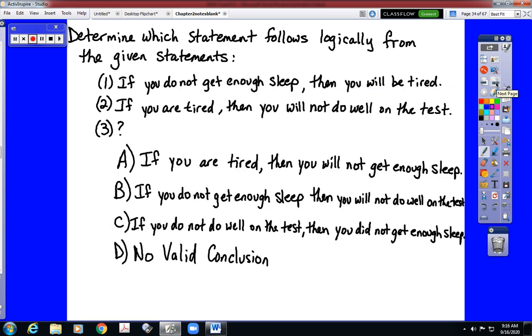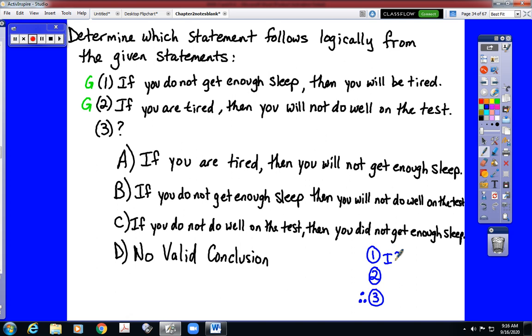Again, we notice that both of our given statements are if-then statements. Since they are both if-then statements, that means we're supposed to check the law of syllogism. Once again, the law of syllogism is two givens and a conclusion, all of which are if-then statements.